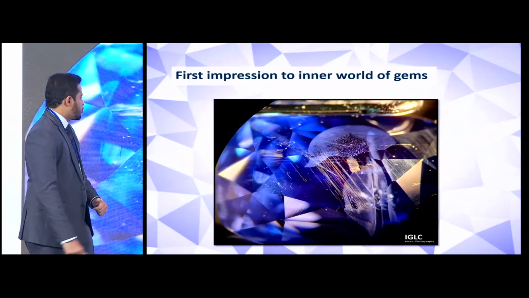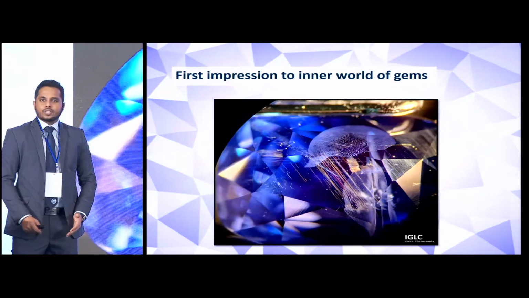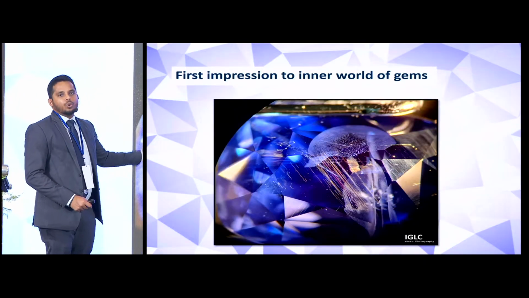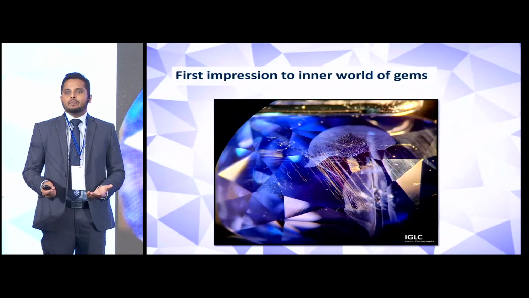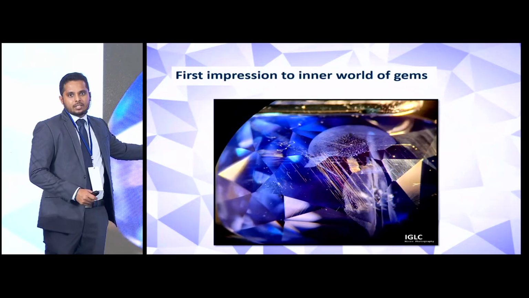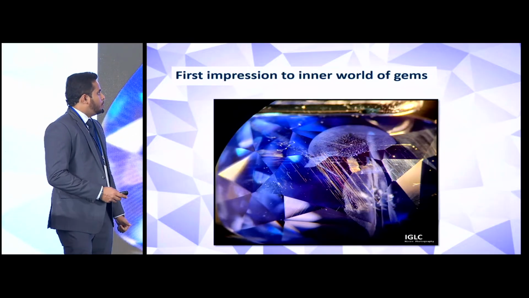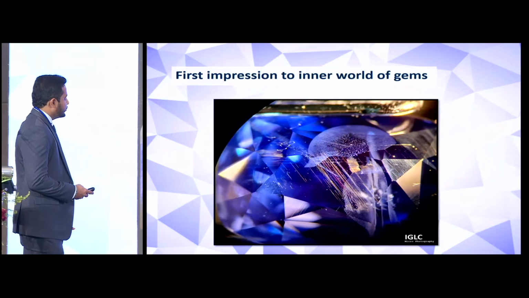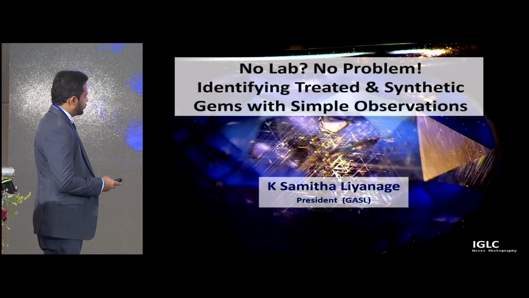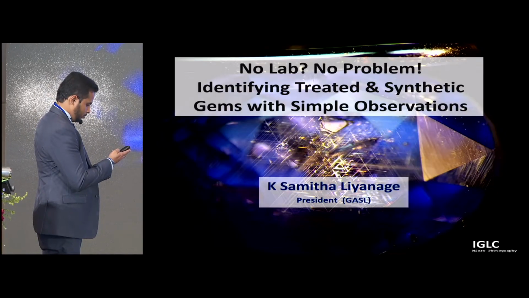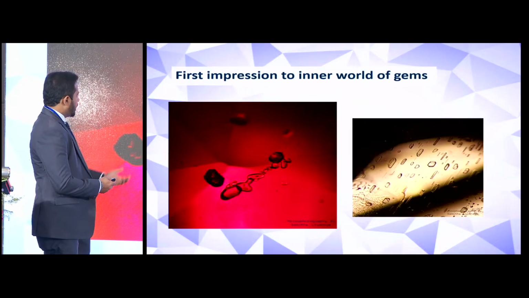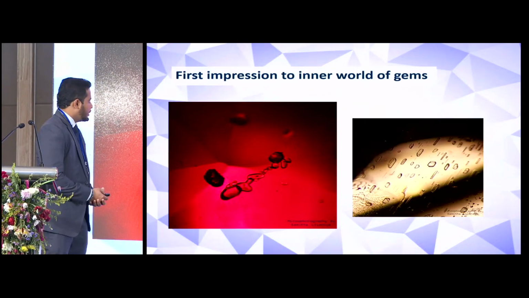I just want to give you some idea about how fascinating that is. This changes from stone to stone, so we will never be able to find the same thing in another stone. Moving on, here are a few more inclusions.